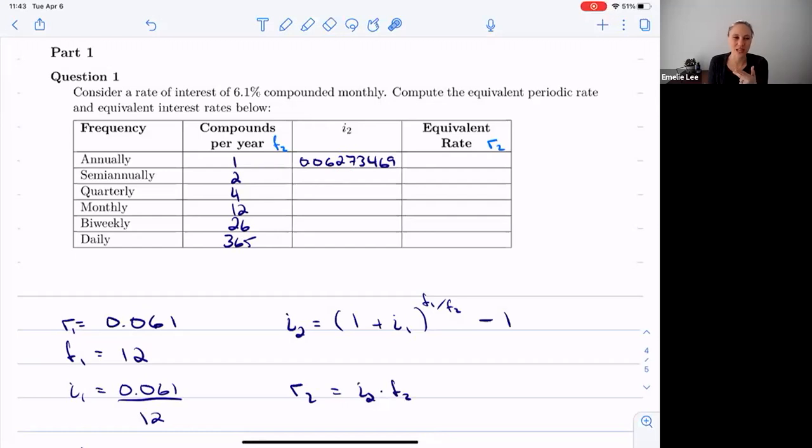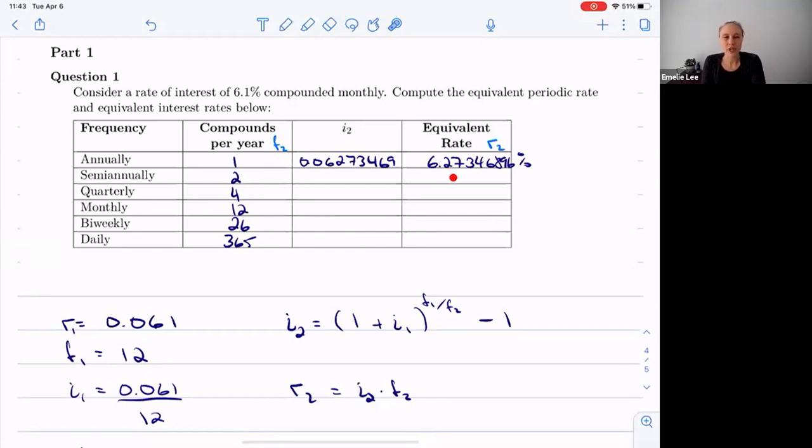And then as a percentage, because rates are always percentages, times 100 puts me at 6.2734689.6%. Like I said, just keep as many decimal places as you can muster.